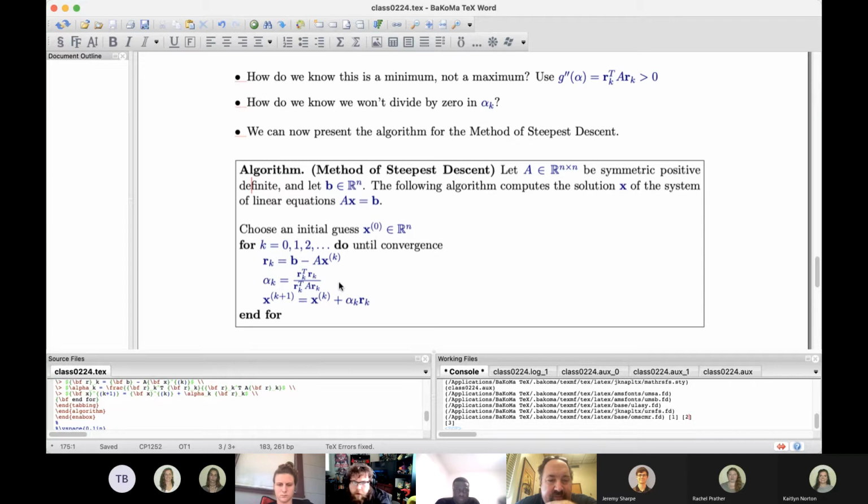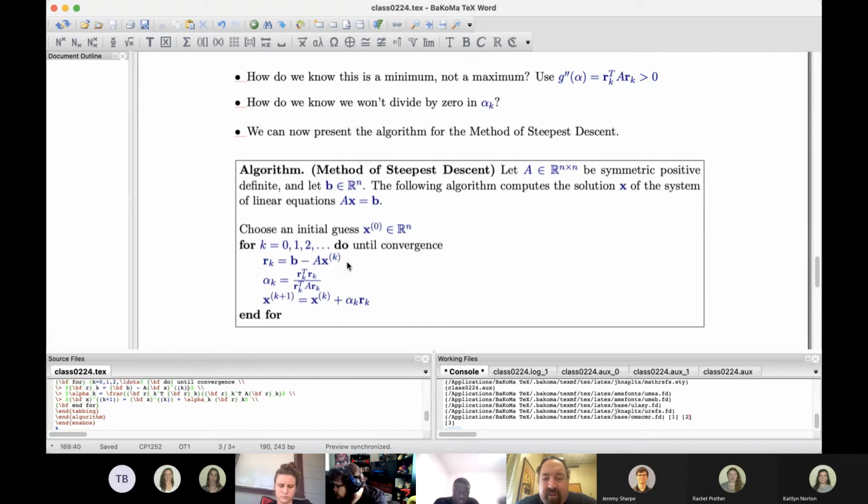So for each iteration, compute a residual, which is minus the gradient, compute alpha k, and now you compute your new iterate from your search direction and how far you go in that direction. And that's it. Then you apply some convergence tests, like if the difference between iterates is very small, or maybe if the residual is very small.